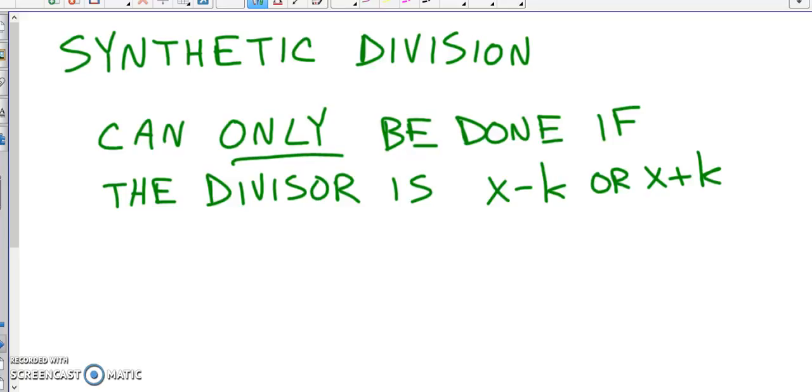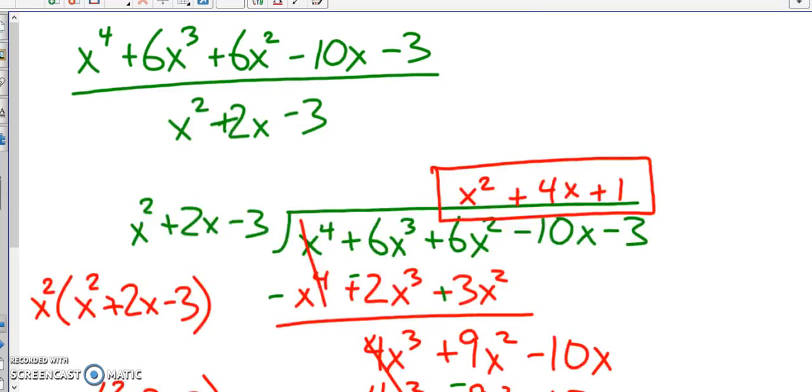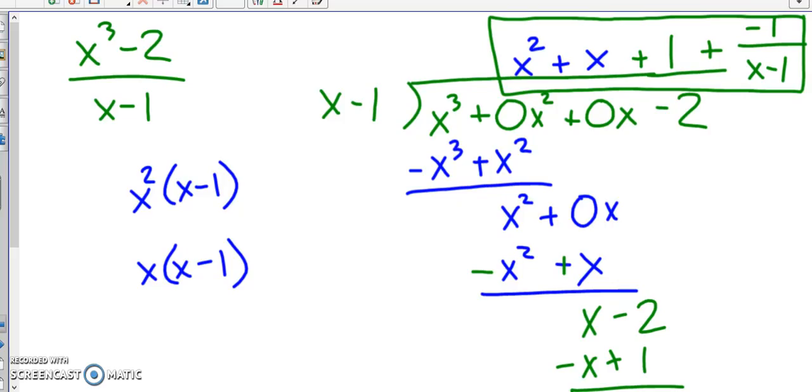Okay? Observe that I could not have done synthetic division on this problem here because the divisor isn't x plus a number or x minus a number. But I could have done synthetic division here.